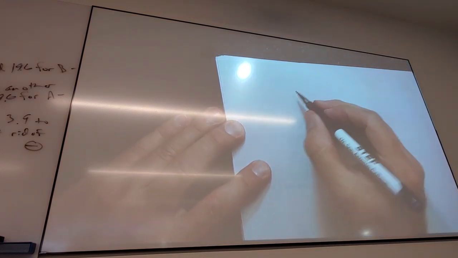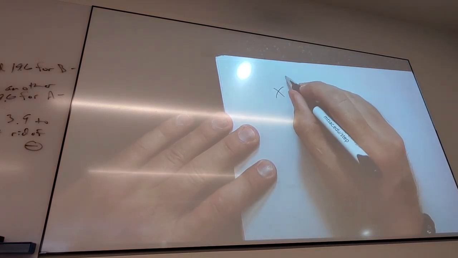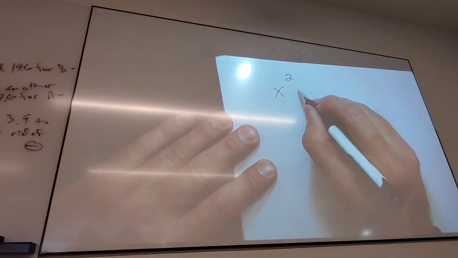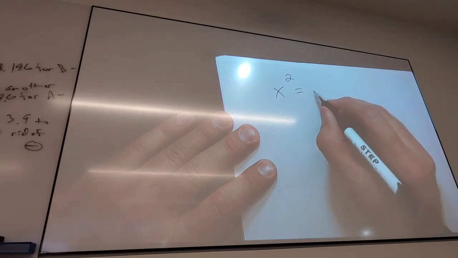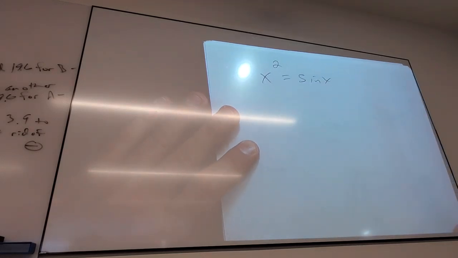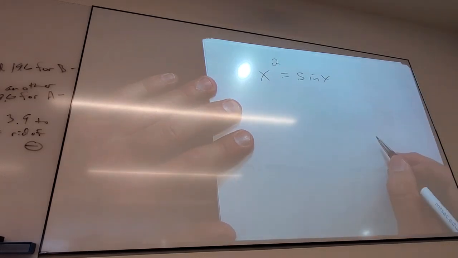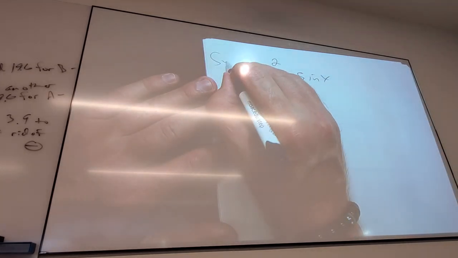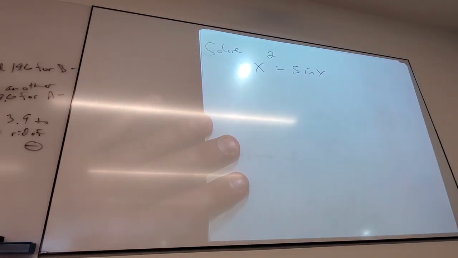How's that sound? So what if I want to know where x squared equals, sure, we'll do science. Does anyone remember the first step? How to identify the function I'm going to use?